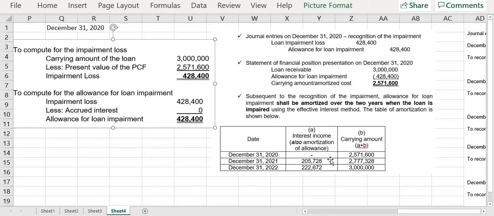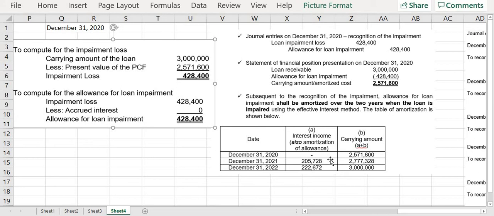So, automatic na siya that the interest income increases the carrying amount. Okay, that's 2,571,600 plus 205,728. Okay, that's 2,777,328.